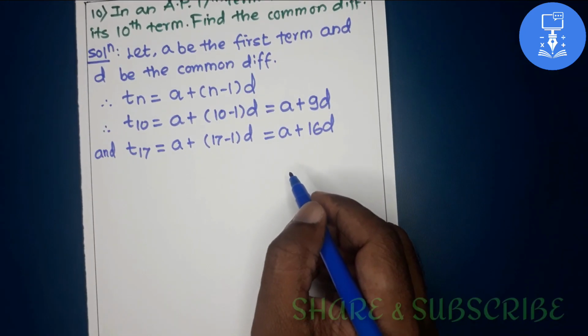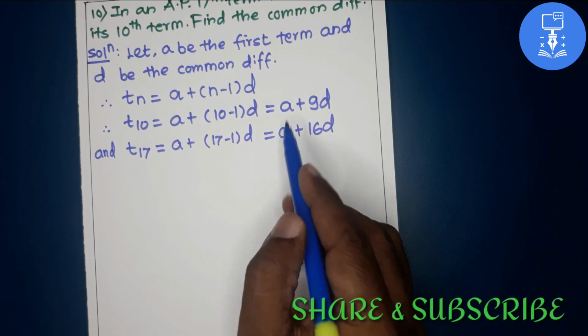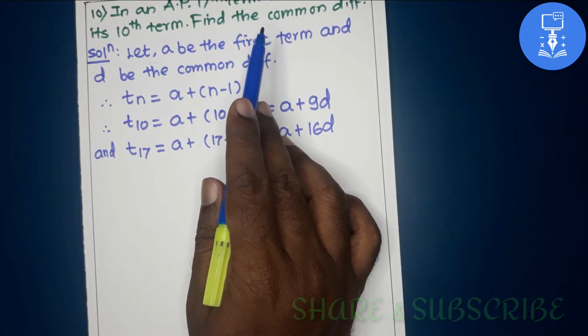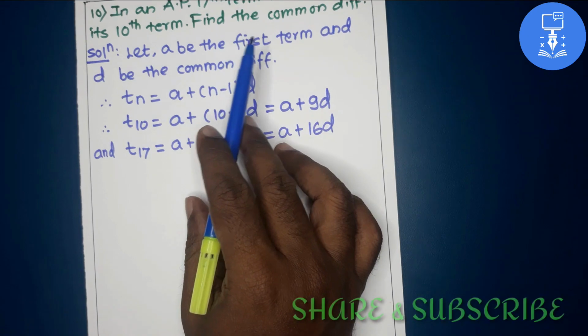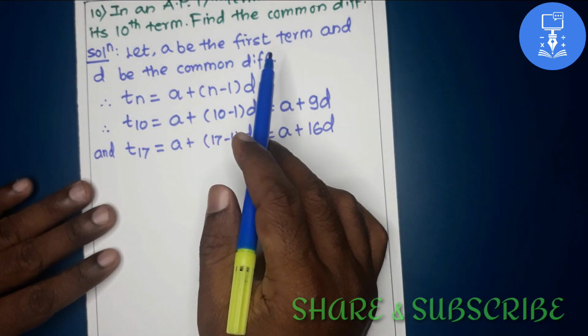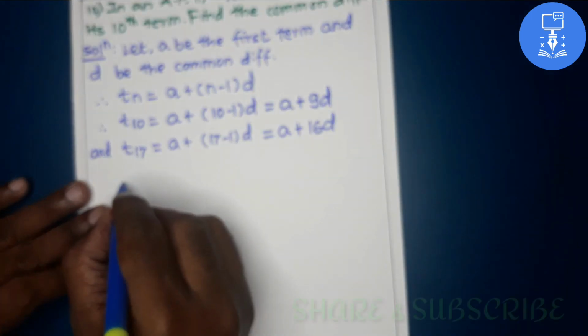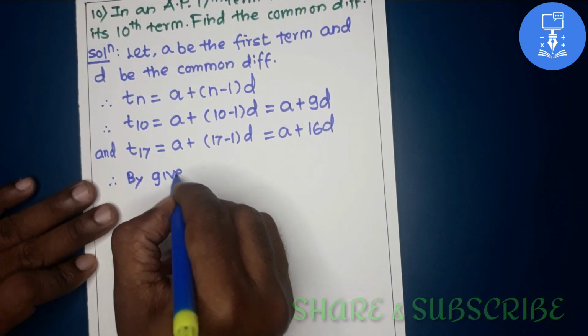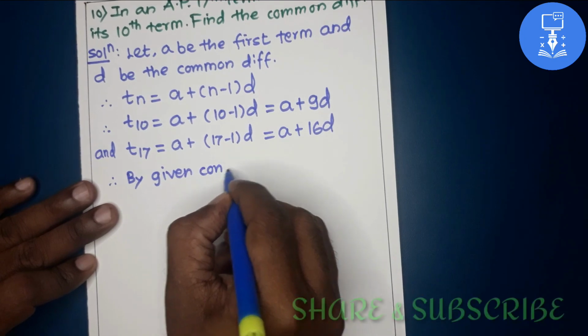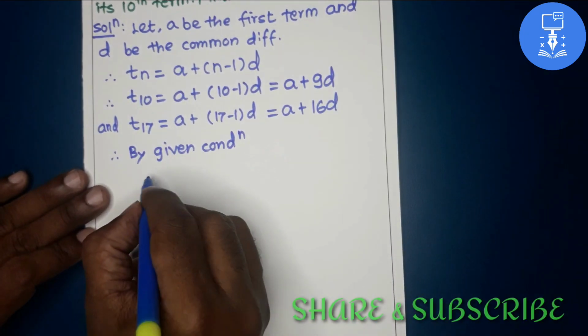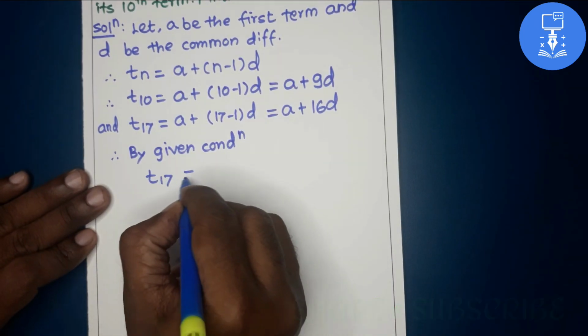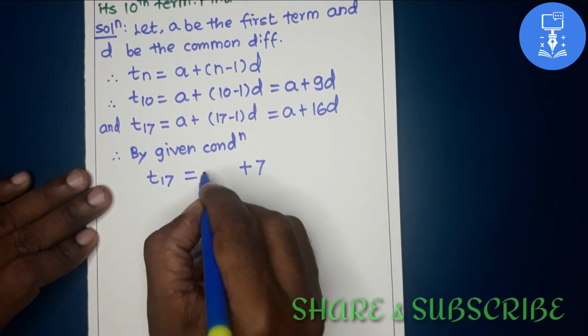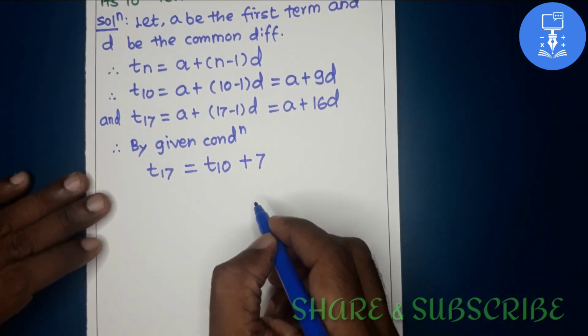Now let's read the problem again. We are given that the 17th term is 7 more than its 10th term. So by the given condition, we can write here: 17th term is 7 more than the 10th term.